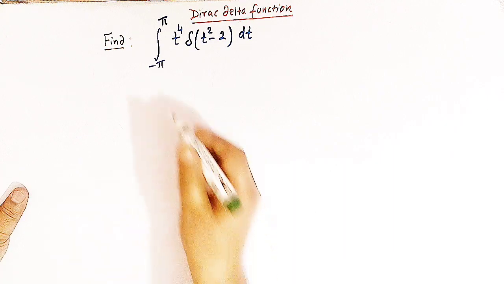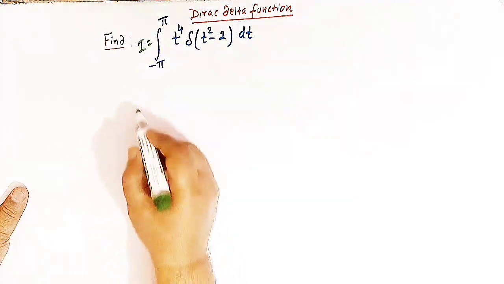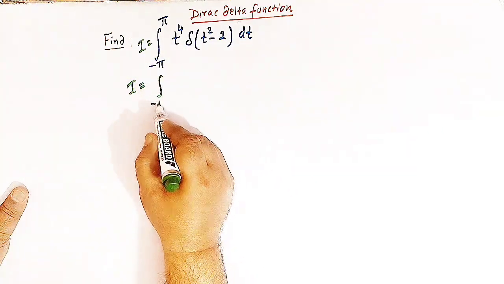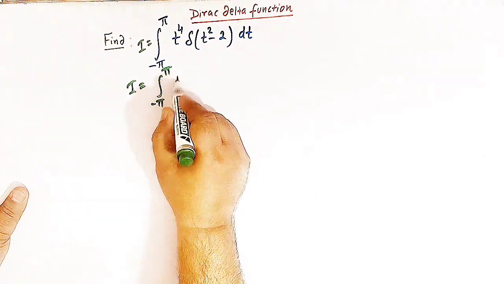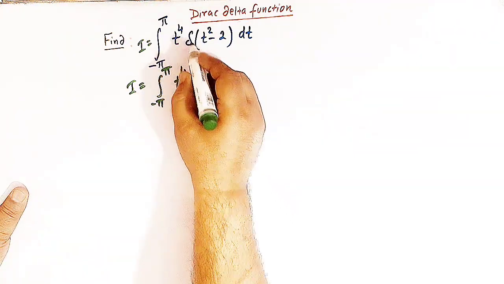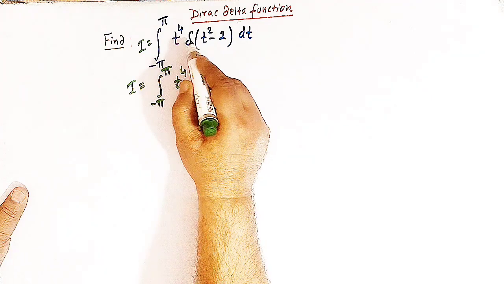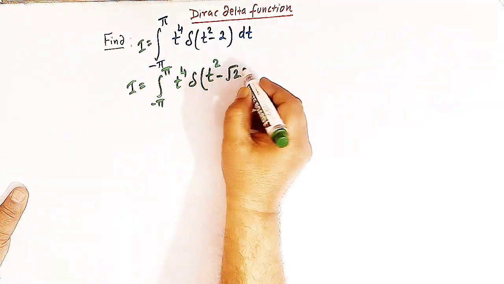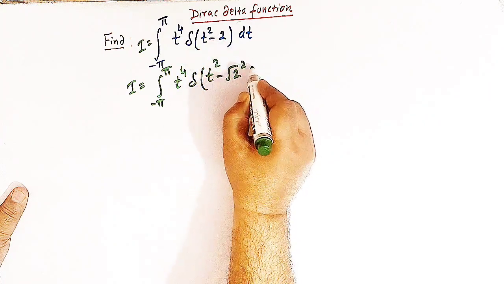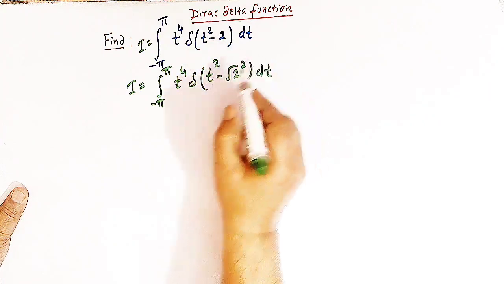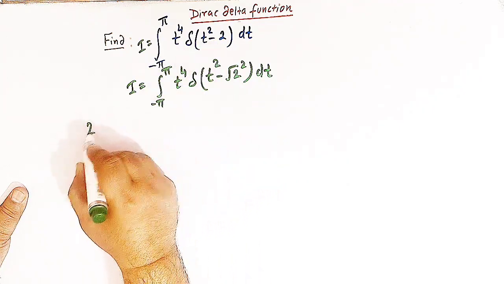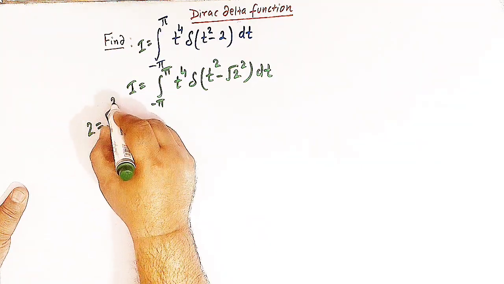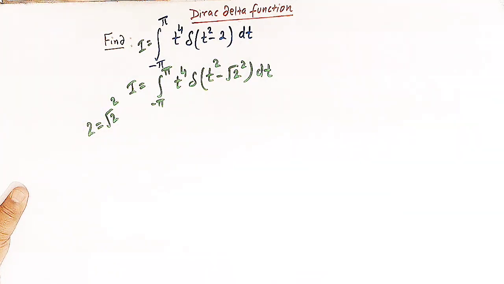So let us first call this integral I, and we can write this integral as minus pi to pi, and here we have t raised to 4, and here we can write this delta function as delta of t square minus the square of root 2, right? So here we have used this fact that 2 is equal to the square of under root of 2, right?